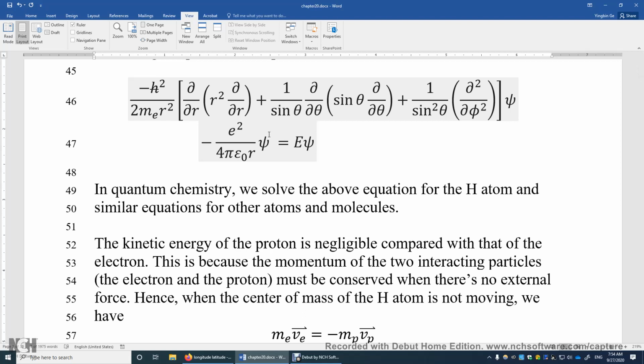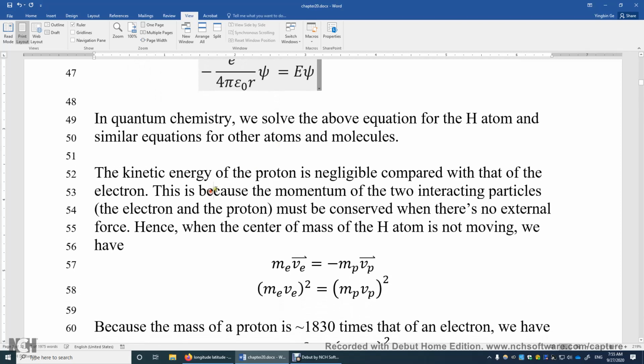And once we solve this equation, we will be able to get the so-called eigenfunctions of the Hamiltonian operator. Those are the wave functions of the system of interest. And we will also be able to get the total energy of the system and all other physical observables for that system.